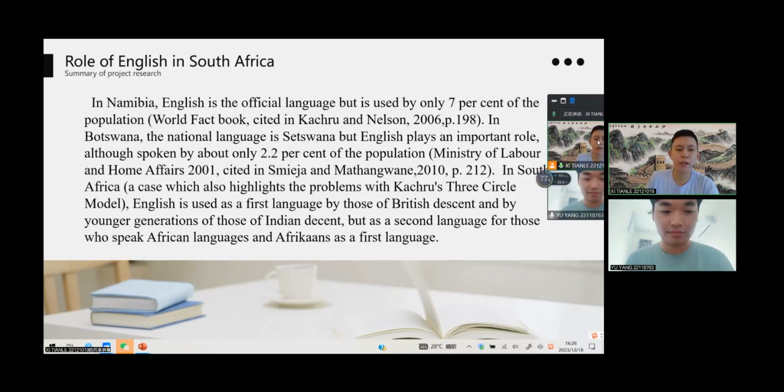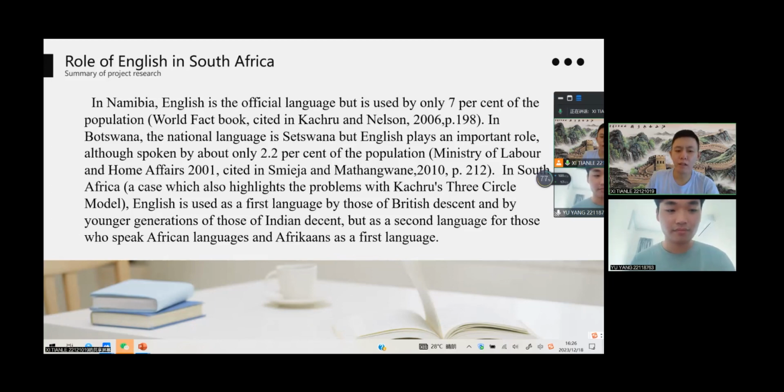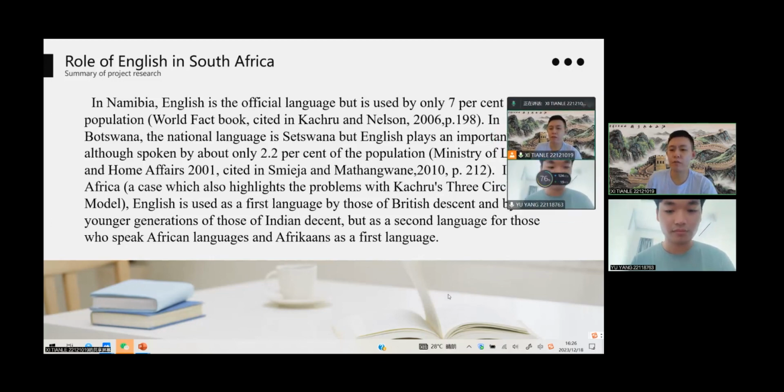Ministry of Labor and Home Affairs, cited in Simija and Mahamane. In South Africa, English is used as a first language by those of British descent and by younger generations of those of Indian descent, but as a second language for those who speak African languages, and Afrikaners as a first language.